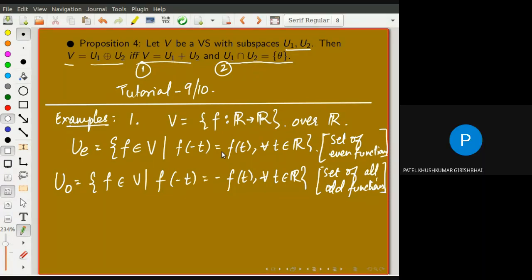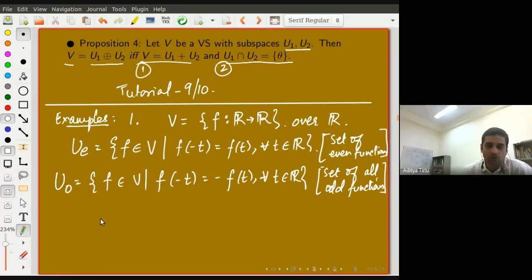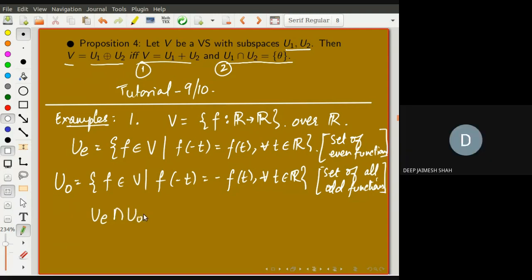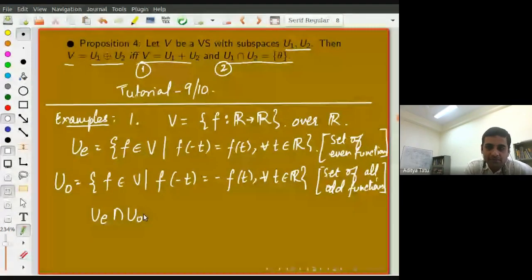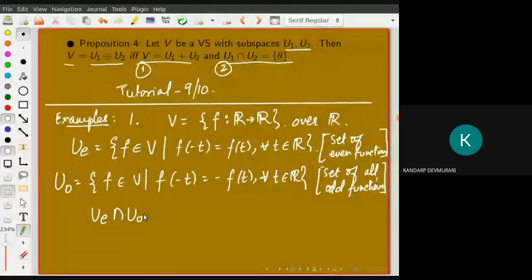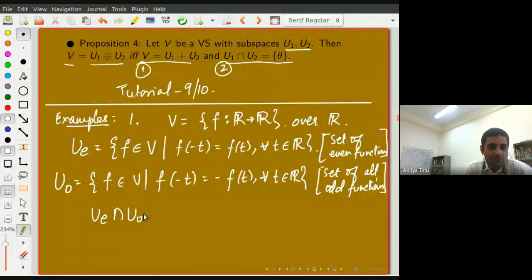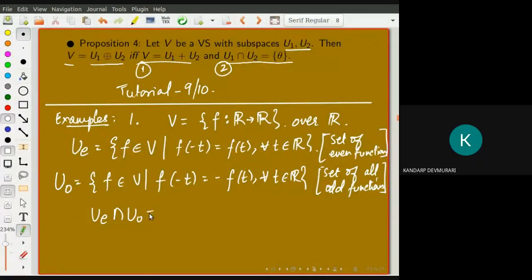Yes, sir. Okay. What is the intersection of these two? Identity. Now, in this particular example, what would be that identity? The zero function, f equal to 0.